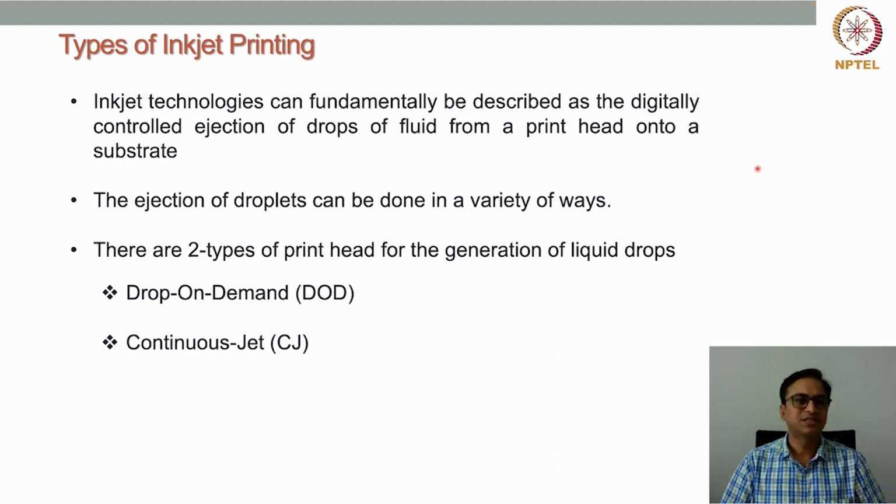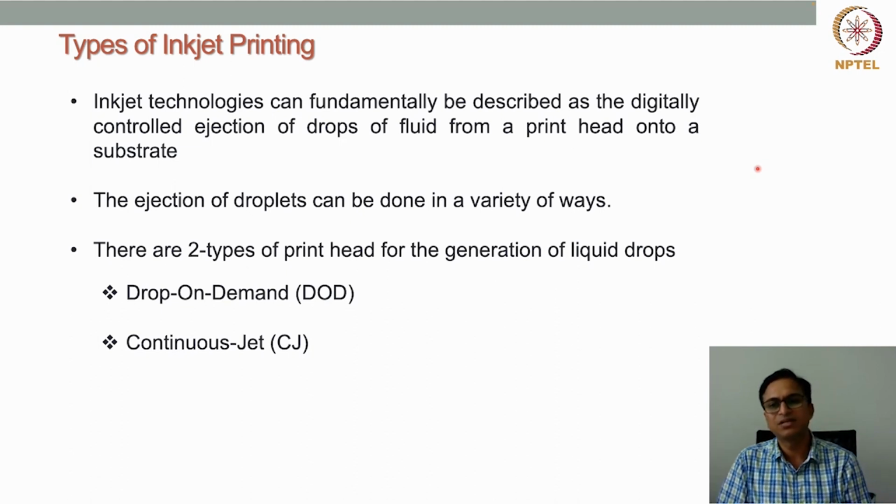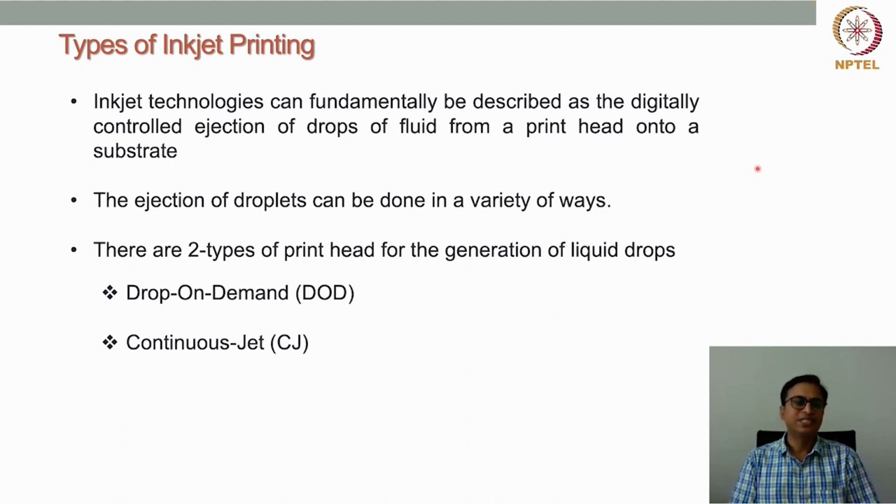So this inkjet 3D printing technology can be described as we have seen: liquid droplets can be generated, and those droplets can be ejected in a controlled manner, right? Now, this generation of droplets can be done in various ways, but the two most popular techniques are either drop on demand, or continuous jet.